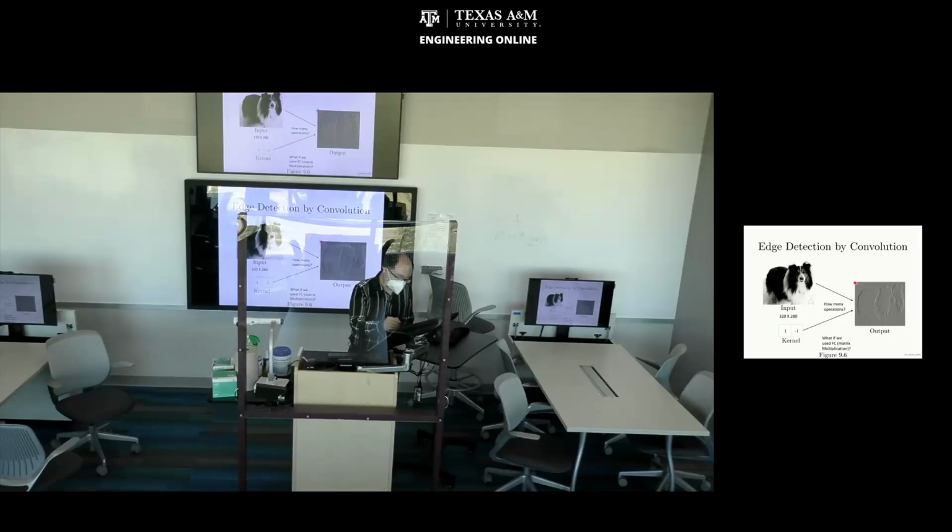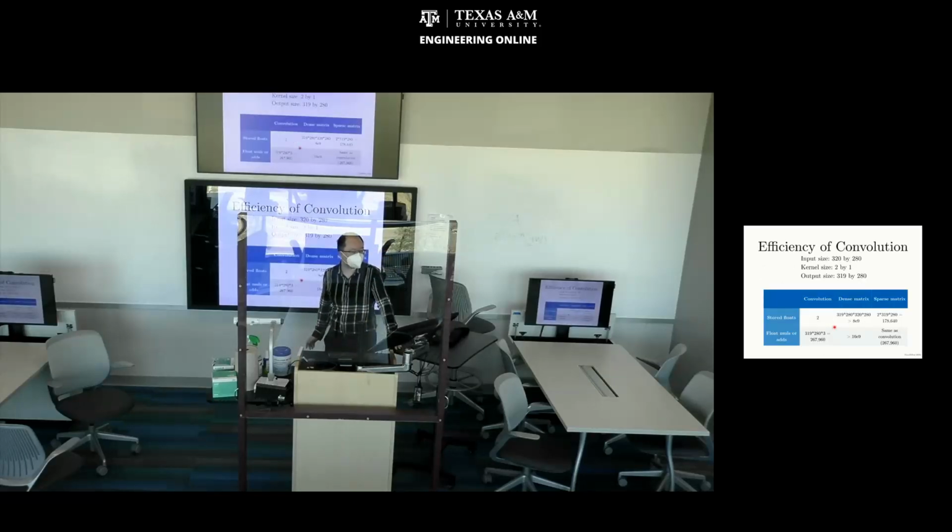To get each element, we need to do 280 multiplications and then sum them together. That's for each of the 320. So I think I already reached the answer, and you can compare these two numbers. How many operations you are saving using convolutions, even in a simple case of edge detection. That's the answer here.